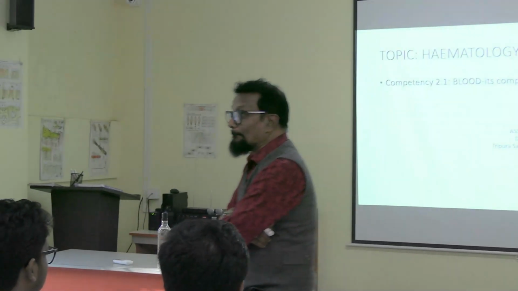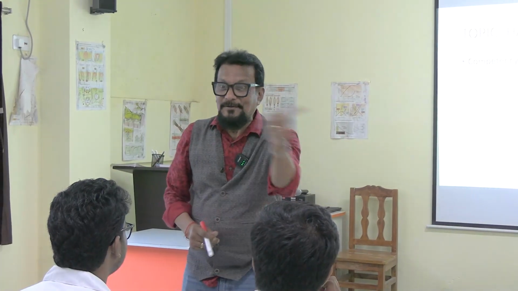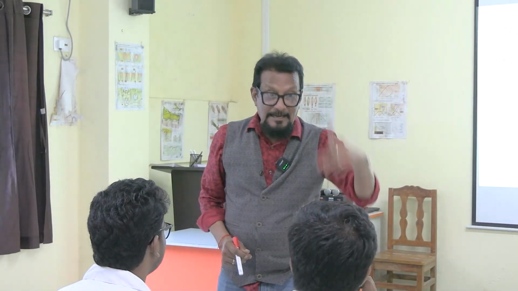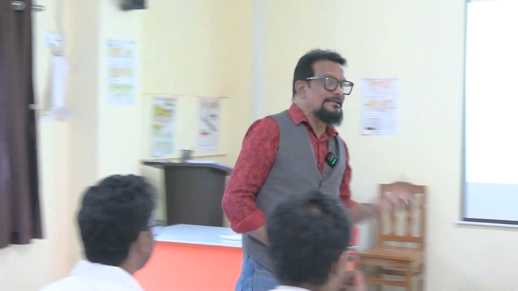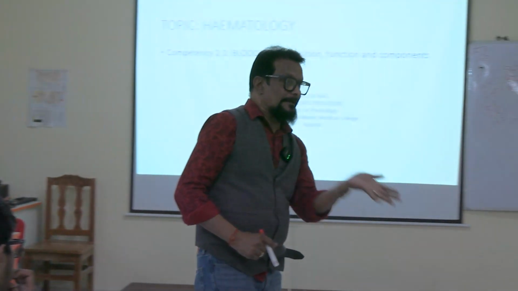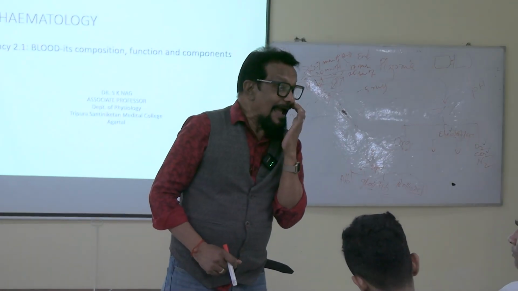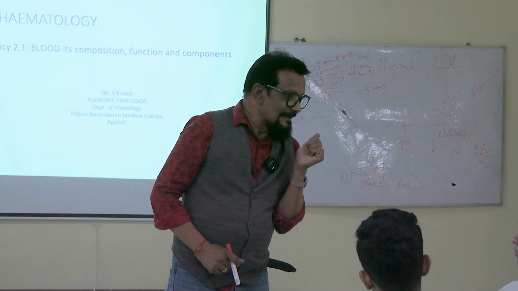It will be taken up by another variety of WBC called macrophage. They are nothing but neutrophils. Remember this: neutrophils can come out of the blood vessel by a process called diapedesis.